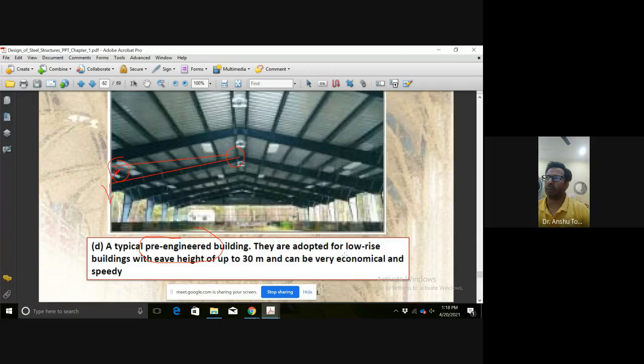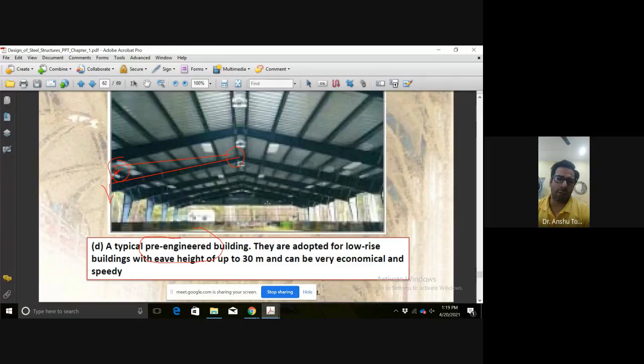Pre-engineered buildings for low-rise buildings with eave up to 30 meters. Pre-engineered building means it is easy, as we call in concrete, precast. Precast means members are already cast in a yard and they are assembled at the site.